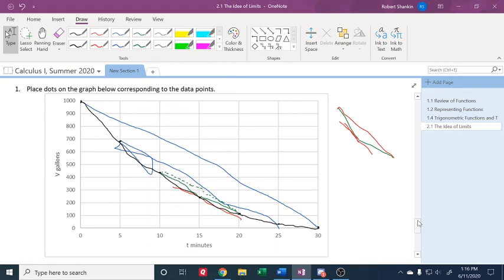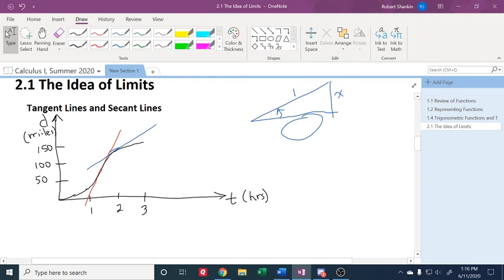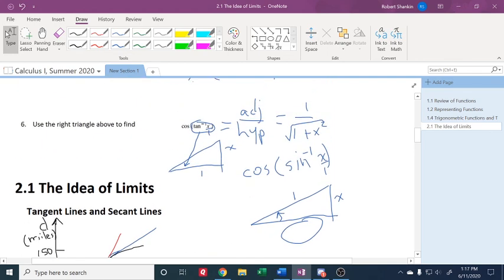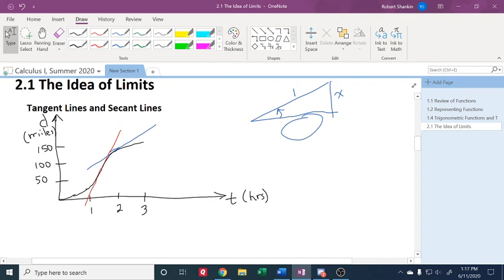It's more like looking at these kinds of graphs, this black curve, and saying, what's the instantaneous slope here? What's the instantaneous slope here? Not really in terms of triangles. Yeah, I think it's just a different context.